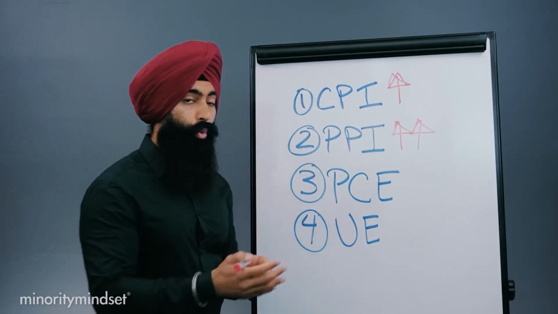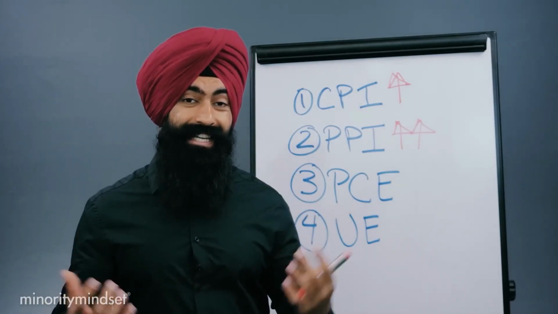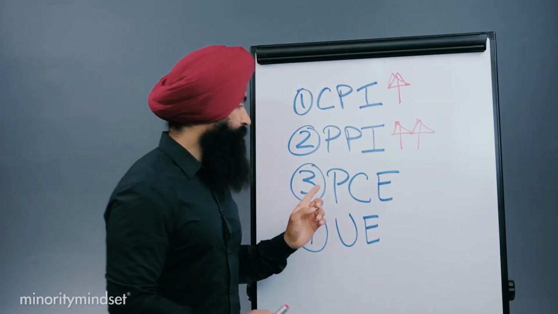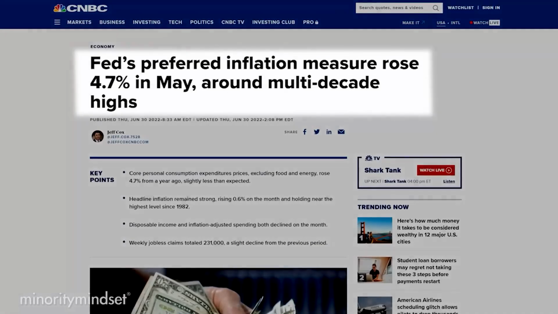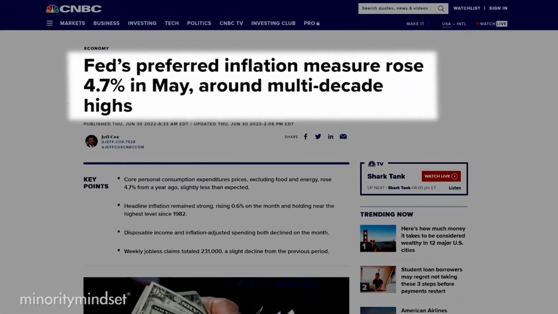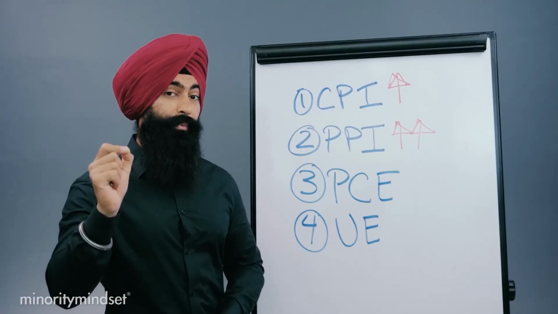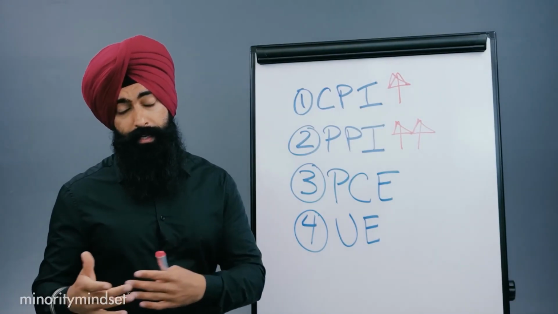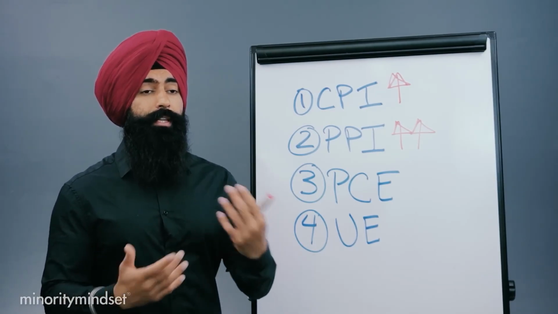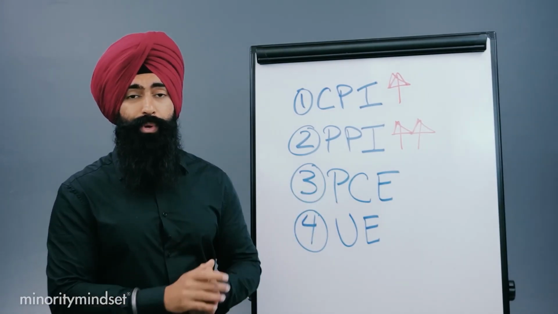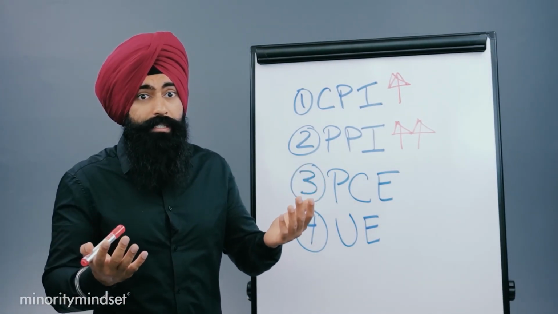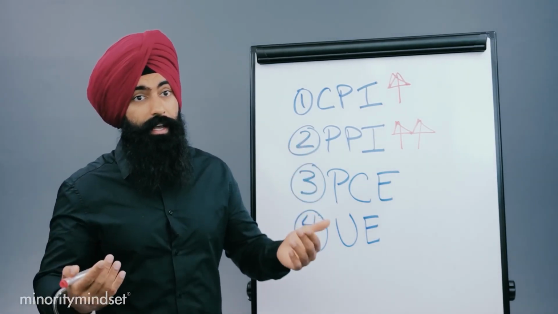Then you have the core inflation numbers, the PCE numbers. Well, these PCE numbers that came out on June 30th, which was the latest numbers, were very high, some of the highest numbers that we've seen, but they were slightly lower than what the Federal Reserve Bank expected, which I guess is good news. However, the thing that you want to kind of caveat that with is it takes out things like gas and energy and food.